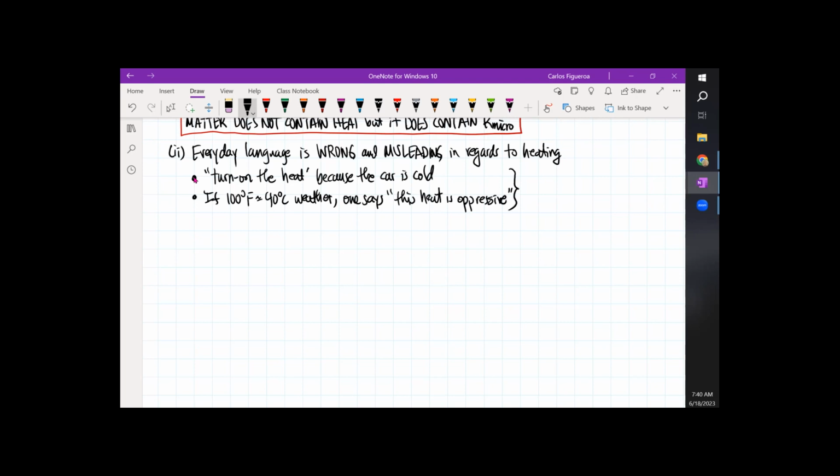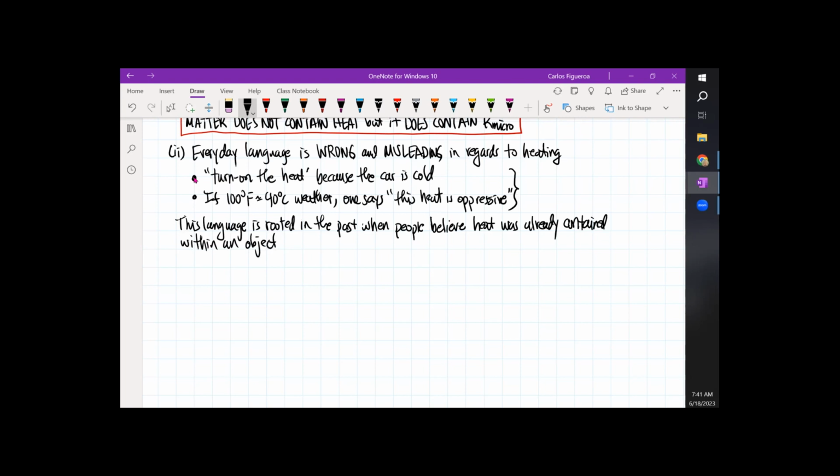And the reason why we say terms like this is that this language is rooted in the past, when people believed heat was already contained within an object. It's not. It is not in an object.